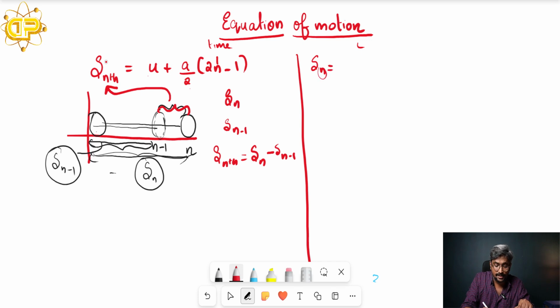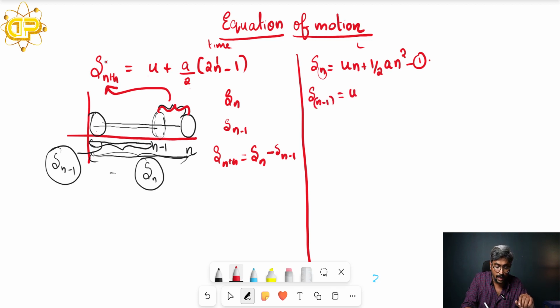You know s is equal to ut plus half at square, right? So here, instead of t, it is n: un plus half a n square. This is the first equation. And the second equation, that is Sn minus 1: n minus 1 means time is n minus 1.